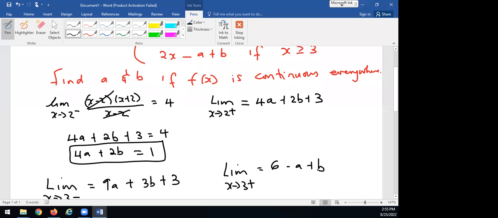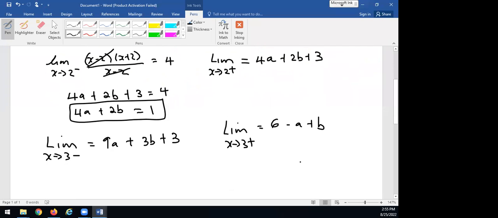And since the left-hand limit must equal the right-hand limit because they're continuous, we're going to equate these. So we're going to have 9a plus 3b plus 3 equal to 6 minus a plus b.